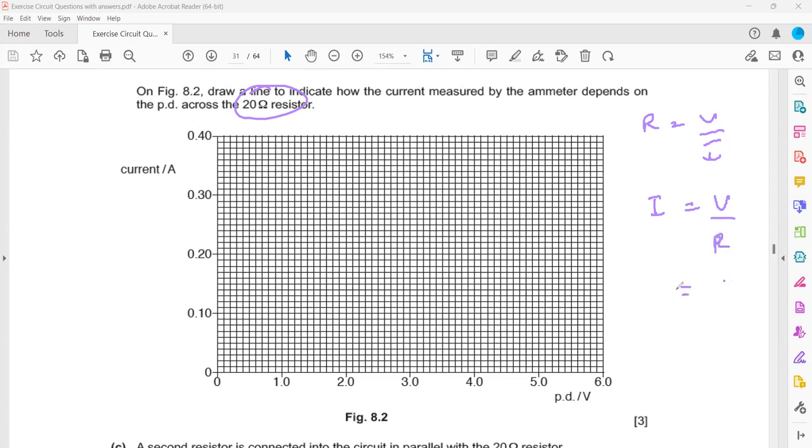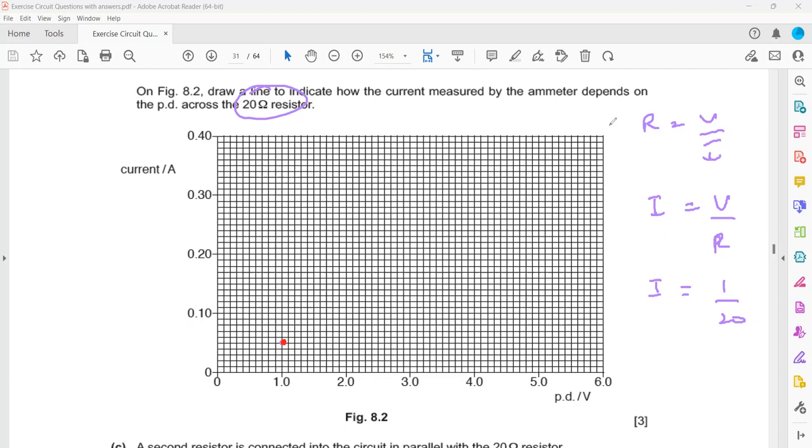If the voltage is 1 and the resistance is 20, because it's a fixed resistor and its resistance should not change, then 1 divided by 20 gives a current of 0.05. On the scale each division is 0.01, so we count 1, 2, 3, 4 and 5. This is 0.05, the first value.